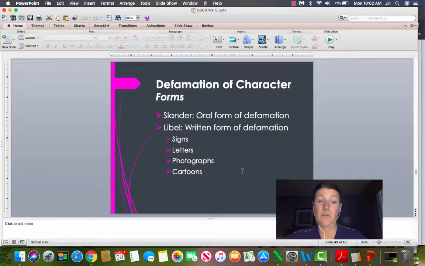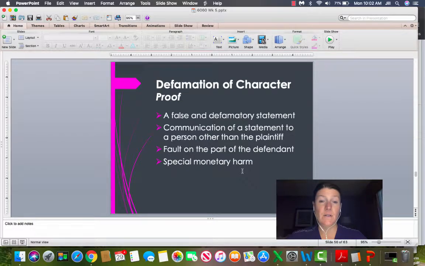It could be a letter, social media, photographs, cartoons, signs, whatever it is. The important thing with regard to defamation of character, be it libel or slander, is that if what you're saying is true, then it's not libel or slander. Let's say somebody does a whole social media campaign about one of the physicians in your facility, saying he's not a good physician.